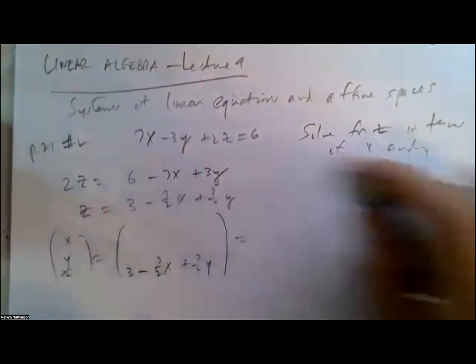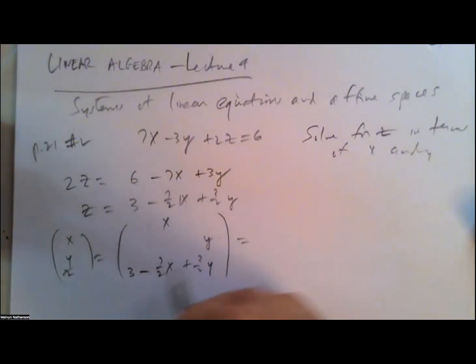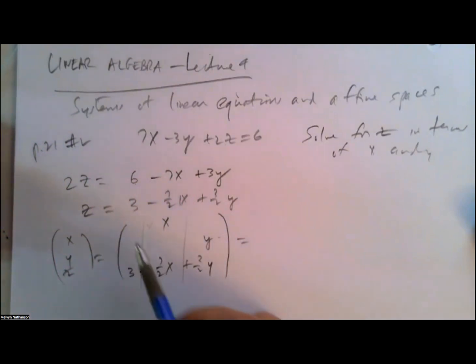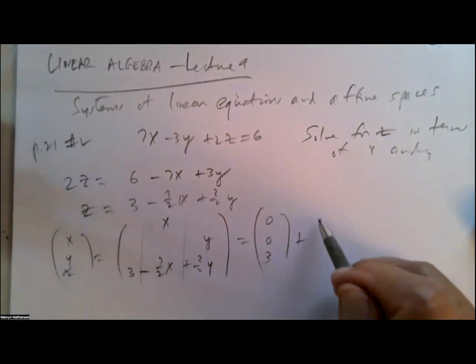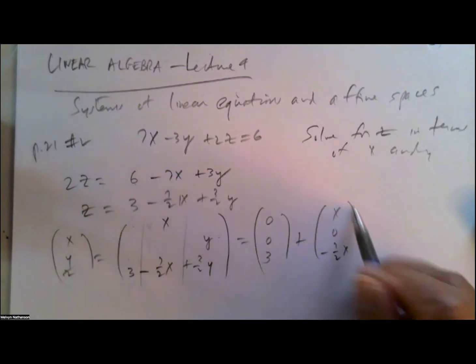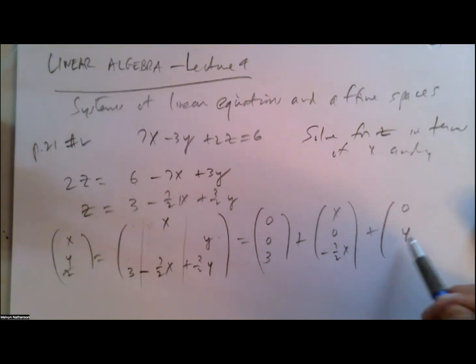You certainly don't need to do this, but I could write this with the x here and the y here. This is x, y, and you can see they're lined up in columns. This is 0, 0, 3. This is x, 0, minus 7 halves x. And this is 0, y, 3 halves y.